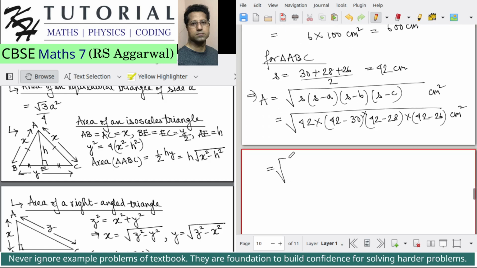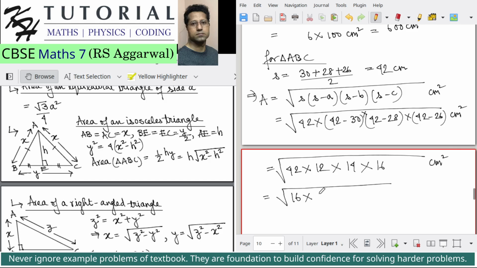This is equal to square root of 42 multiplied by, sorry, 42 minus 30 is 12, multiplied by 42 minus 28 is 14, multiplied by 42 minus 26 is 16, this much centimeter square.